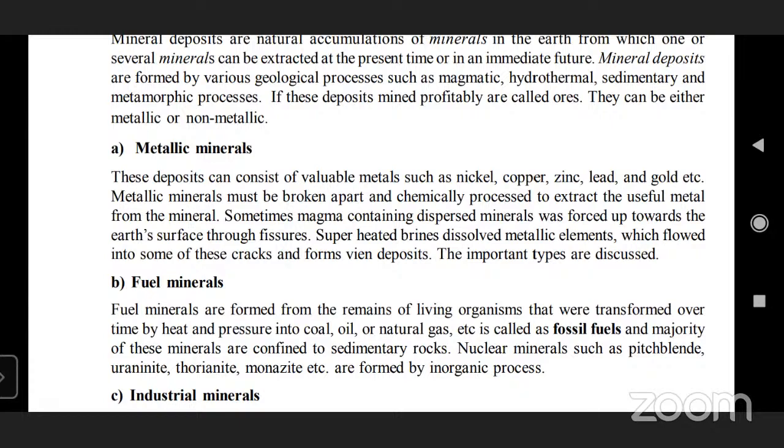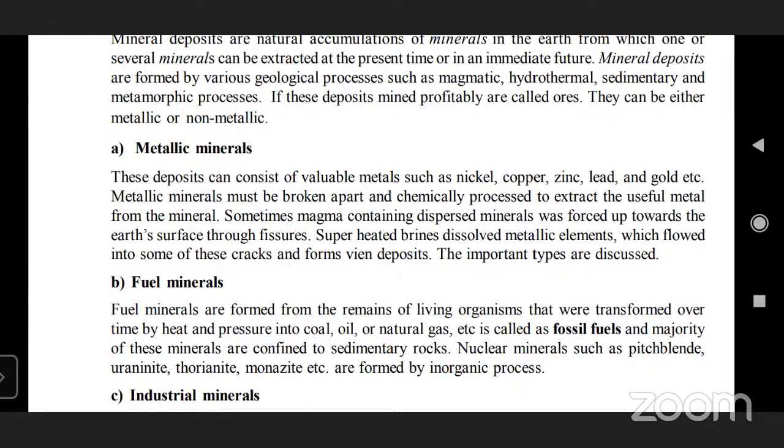Sometimes magma containing dispersed minerals, dispersed meaning they are scattered, spreading throughout the rock. Sometimes it happens due to magmatic consolidation. So sometimes the magma containing dispersed minerals was forced up towards the earth's surface through fissures.